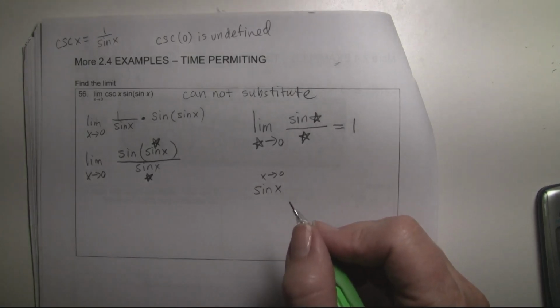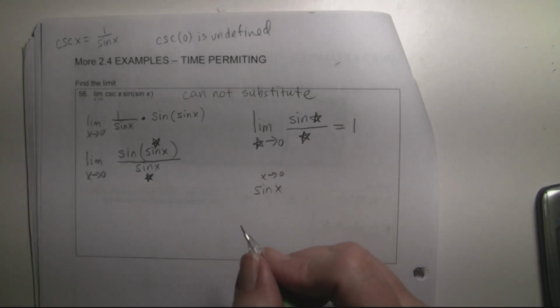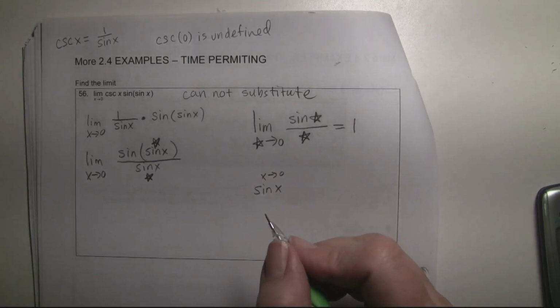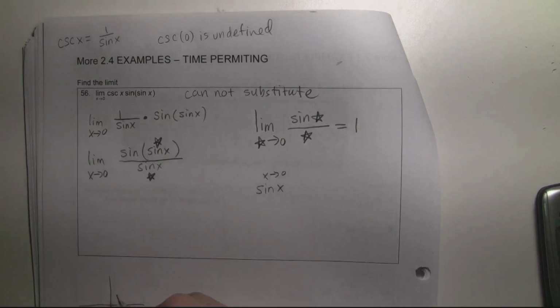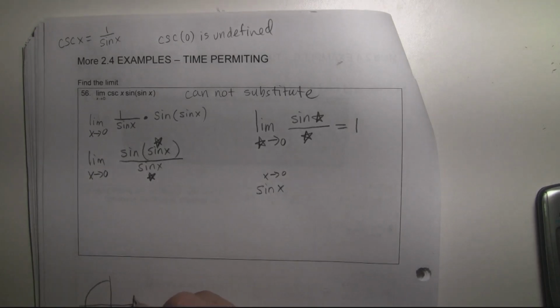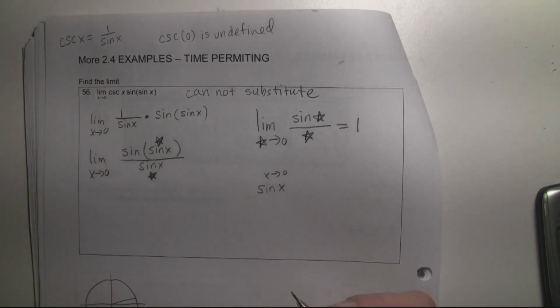I know that's true, and maybe you know that's true too. How would I prove that to you? I'd have to whip out my unit circle, probably. And so my unit circle, and I have an angle right here, and this is my x right here.